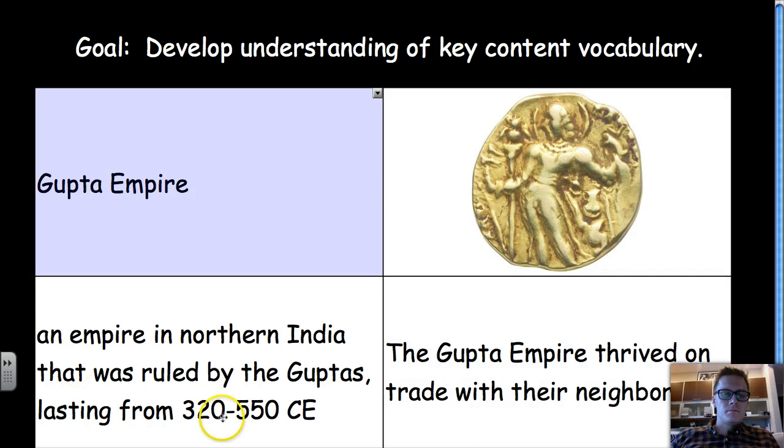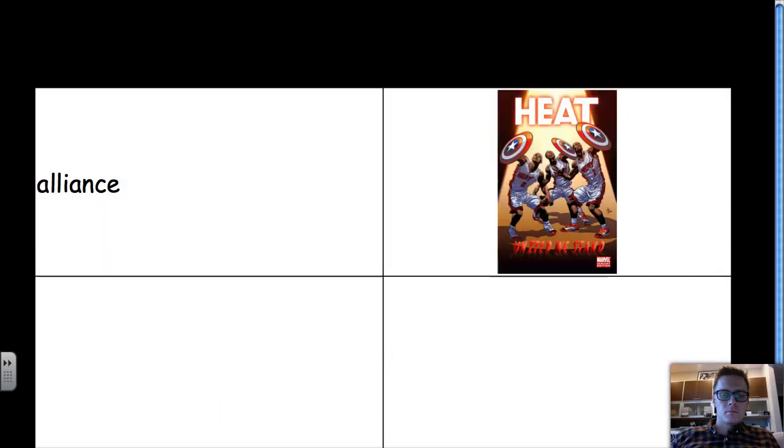Next up, we have alliance. Now for this one, I have a picture of the Miami Heat. I've said this numerous times. An alliance is a bond between individuals, groups, countries, states, to meet a common interest. And these guys, their common interest was they wanted a championship.